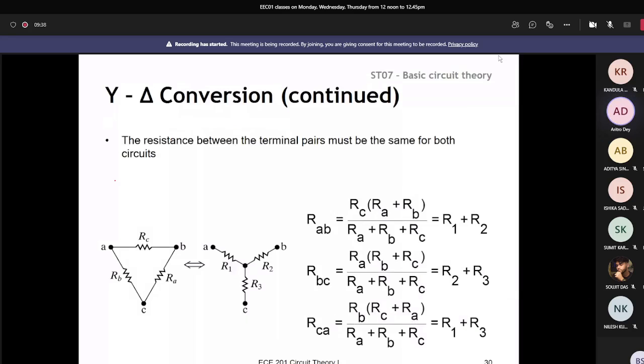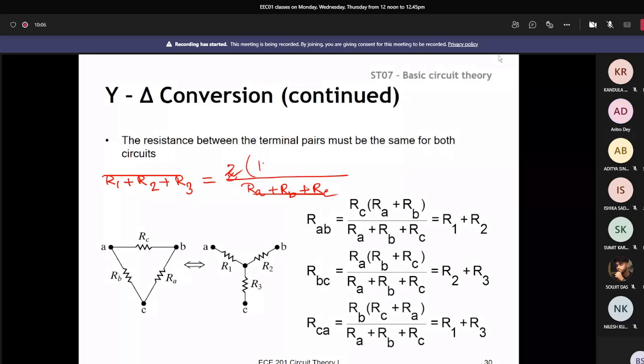if we add all these three equations, R1 plus R2 plus R3 is equal to the summation of this, RA, RB, and RC, and in the numerator 2 into... so on both sides the 2 will get cancelled.